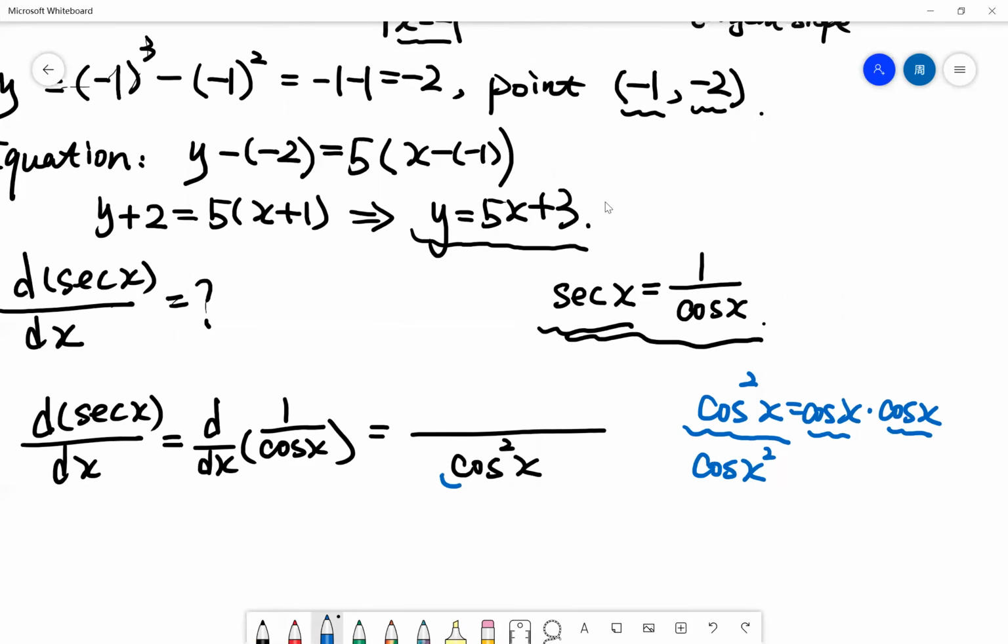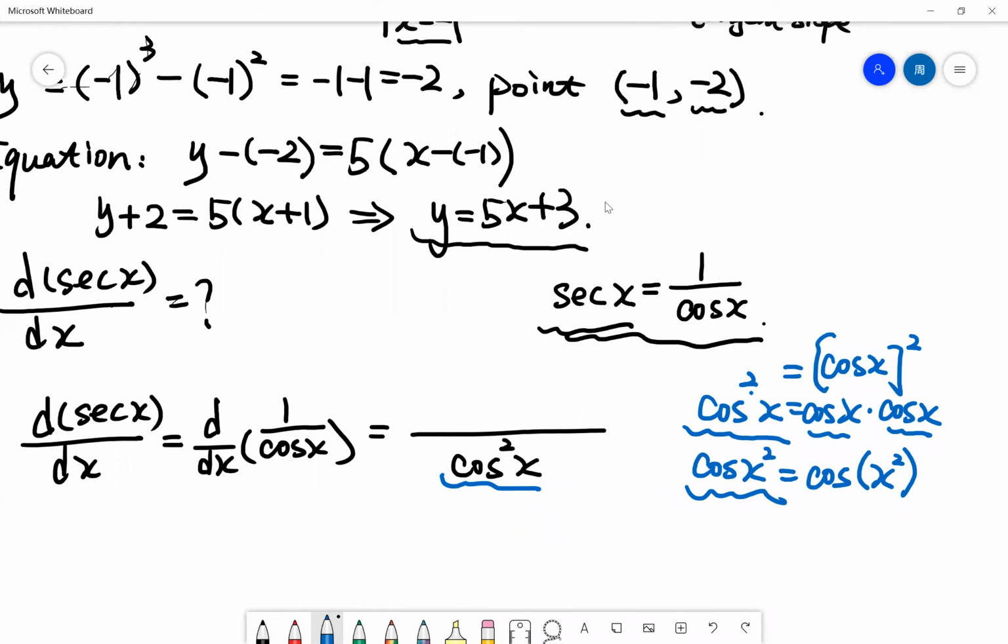So you should write the power 2 here, or you can write cosine x outside the square. But cosine x squared means the function is x squared.